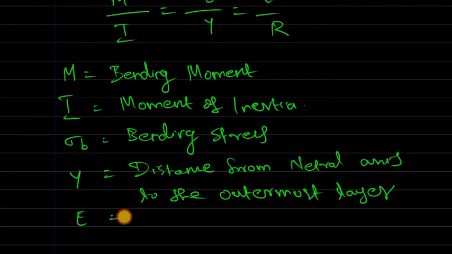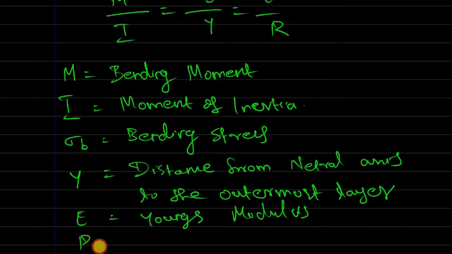Then E is the Young's modulus and R is the radius.